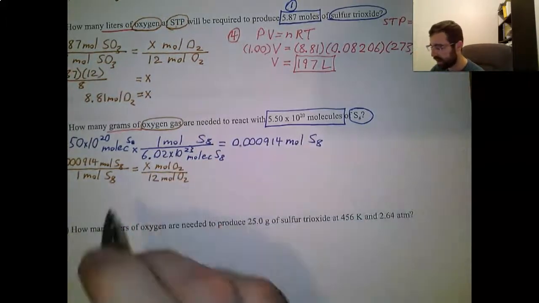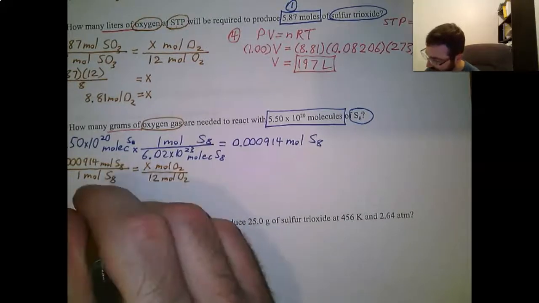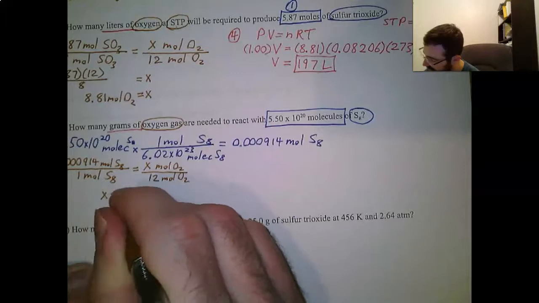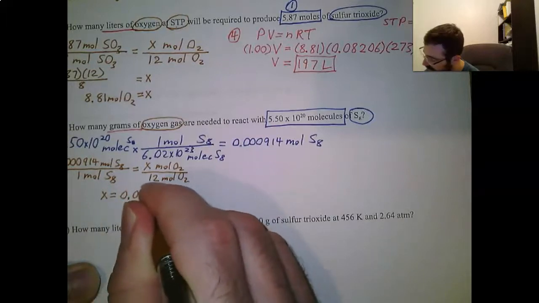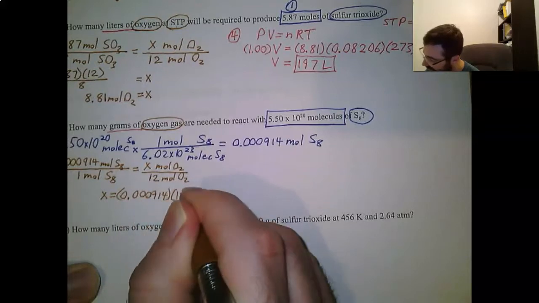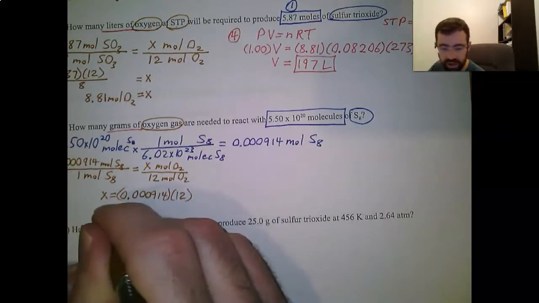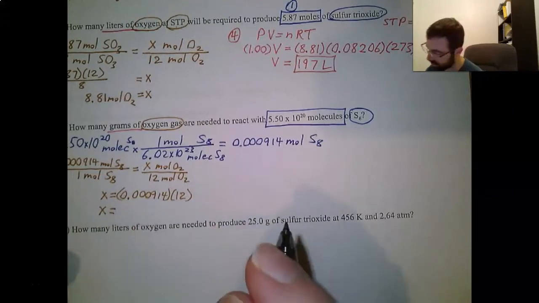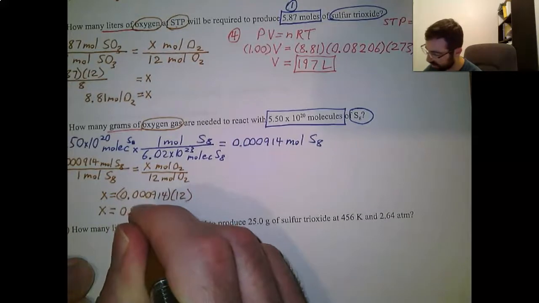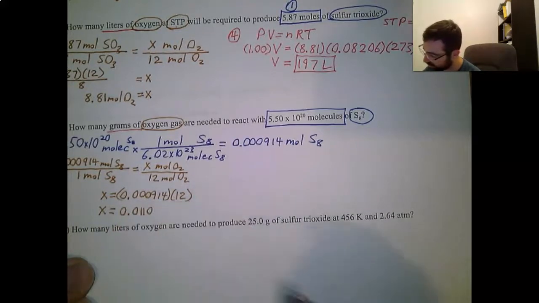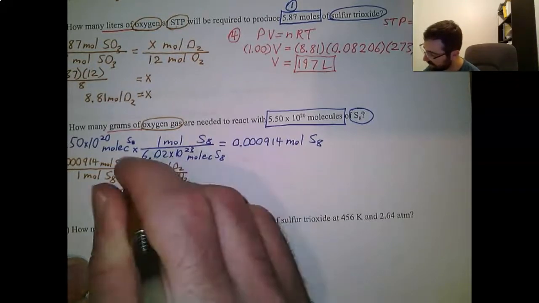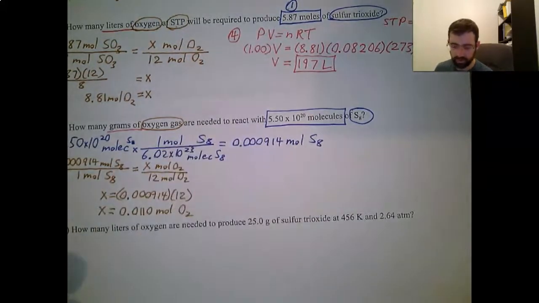Okay, X equals 0.000914 times 12. So X comes out to be, when you multiply those, 0.0110 moles of O2. Always check what X is to find out what you're looking for.